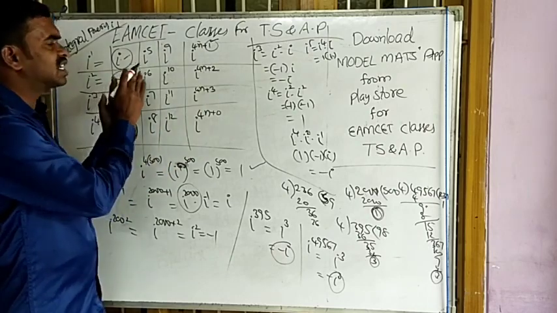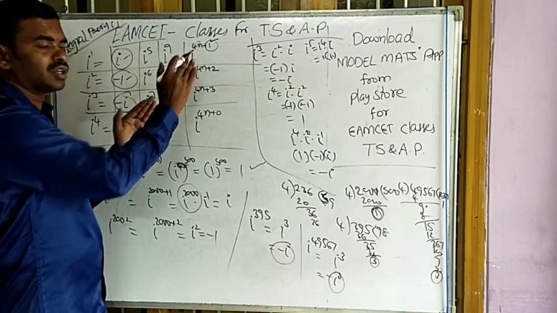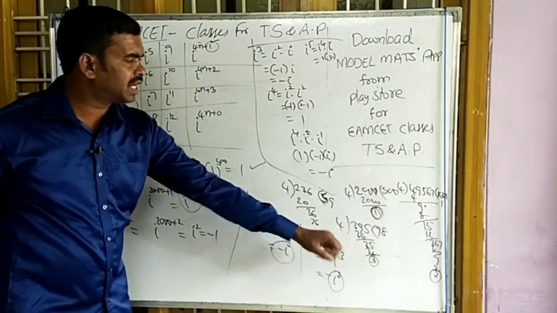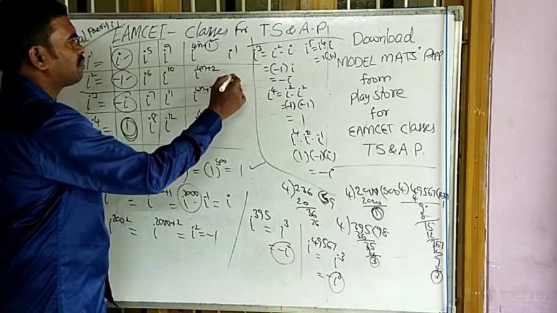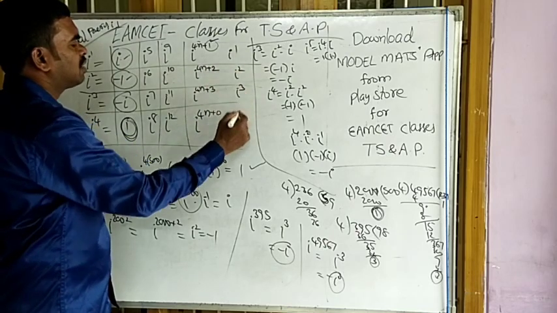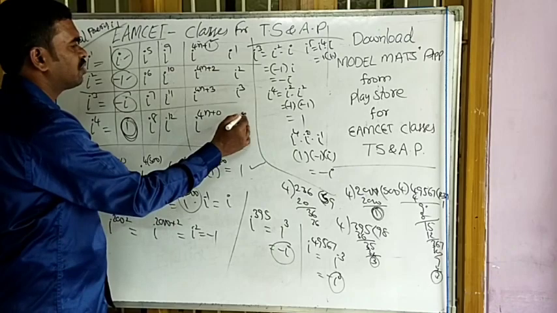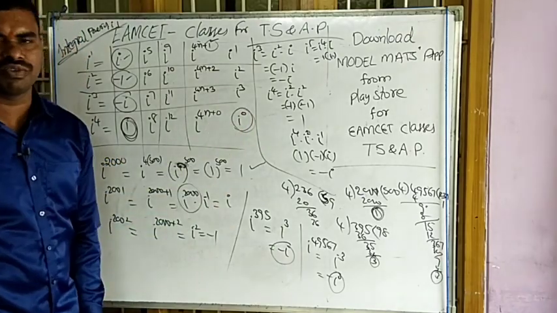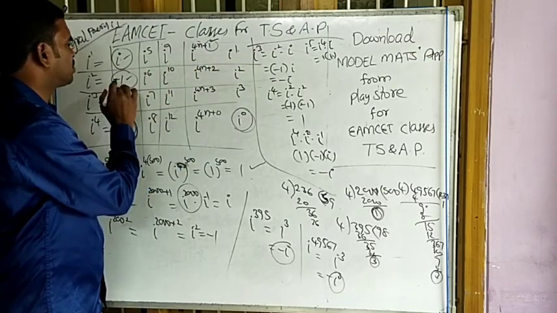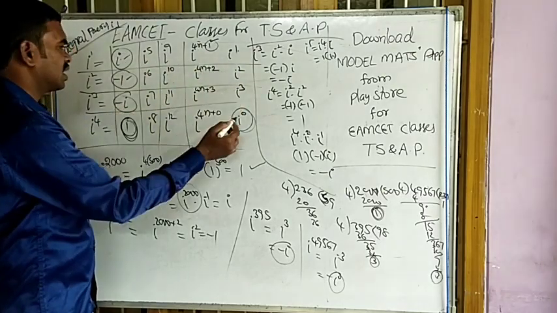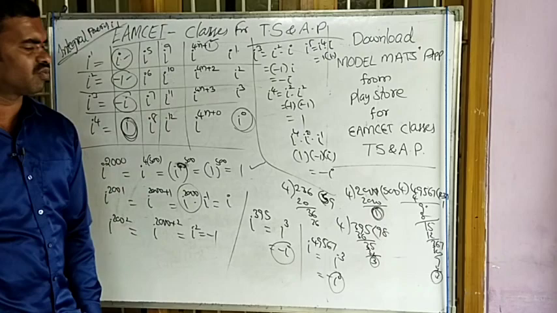Whenever the i power is given, you just write i power, you divide by 4. Remainder is the power of i. Here 0 means nothing but 4 only, because we divide by 4. So you will get the answer. i power 1 is i. i square means minus 1. i cube means minus i. i power 0 means i power 4, nothing but 1.